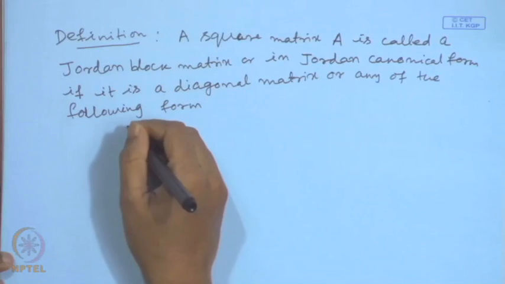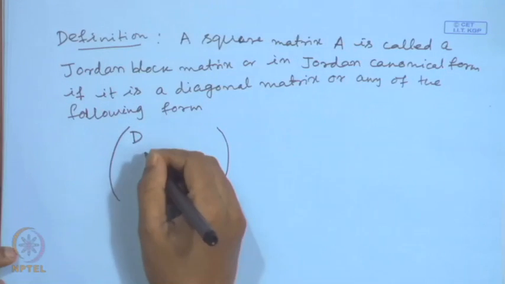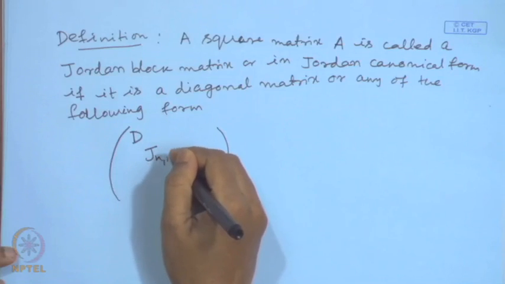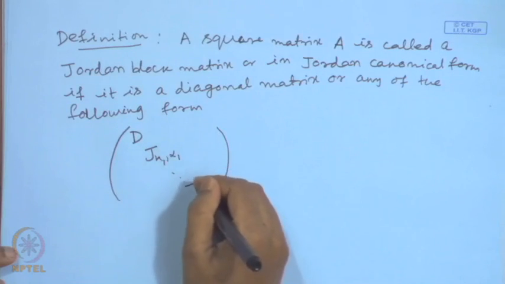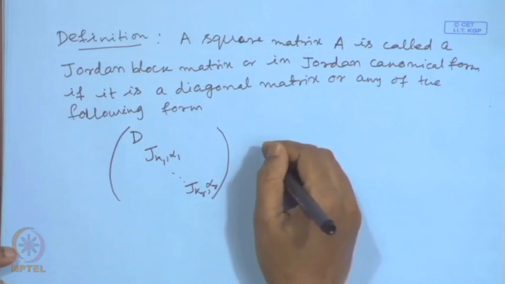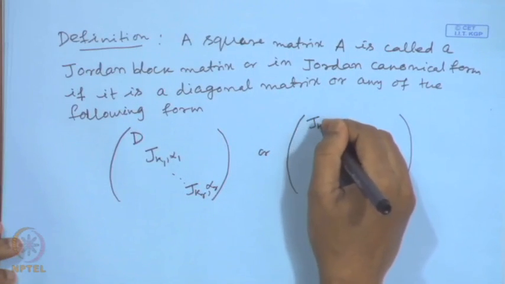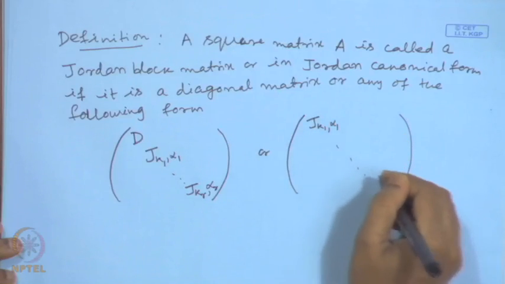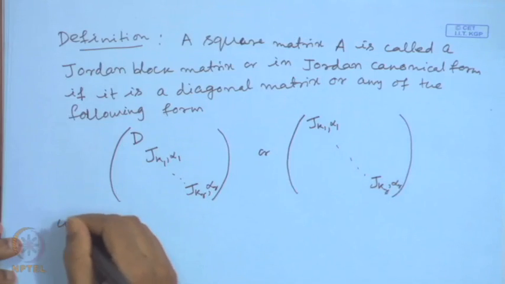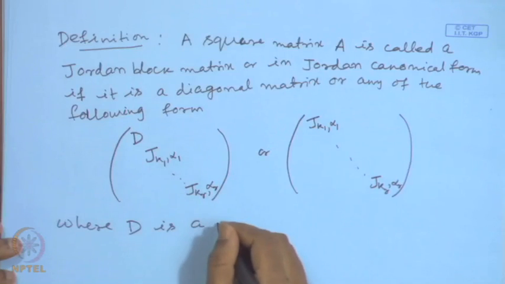Here this is a diagonal matrix, and this is J_{k1}(alpha_1) up to J_{kr}(alpha_r), or it is of this form with J_{k1}(alpha_1) up to J_{kr}(alpha_r), where D is a diagonal matrix.